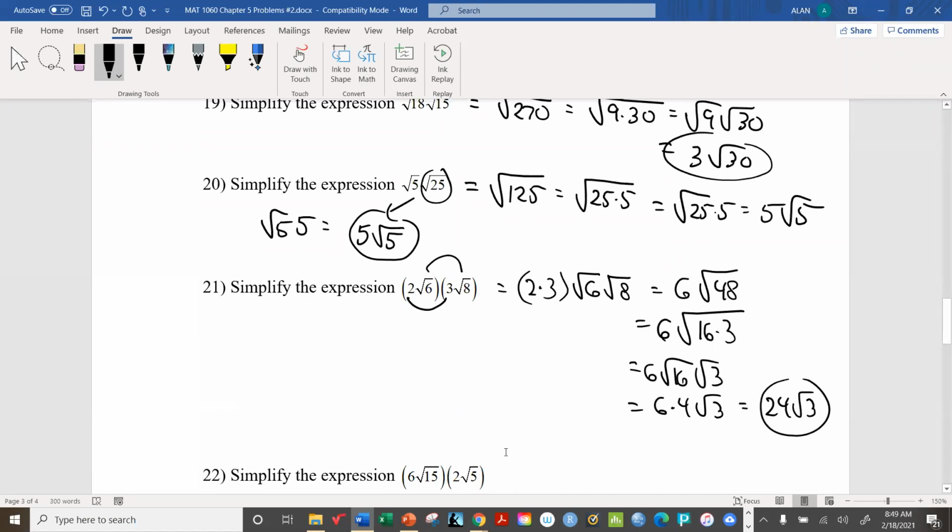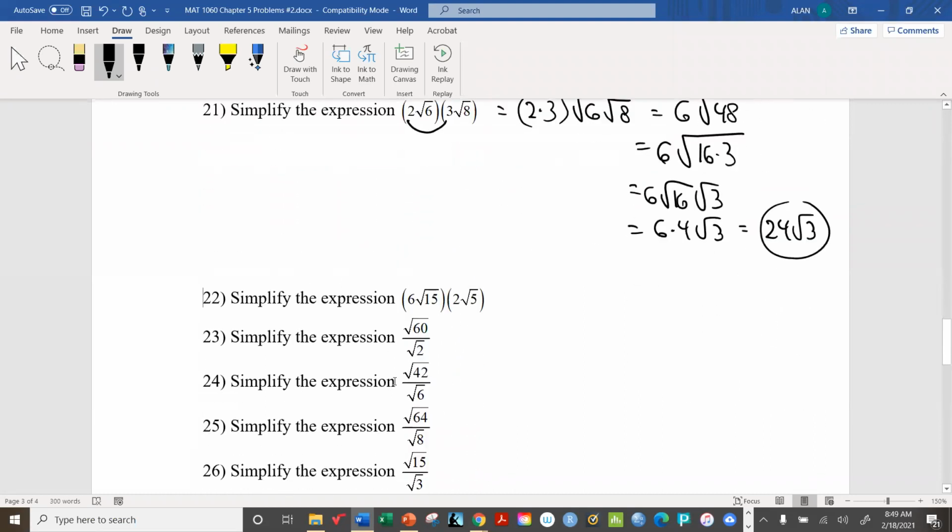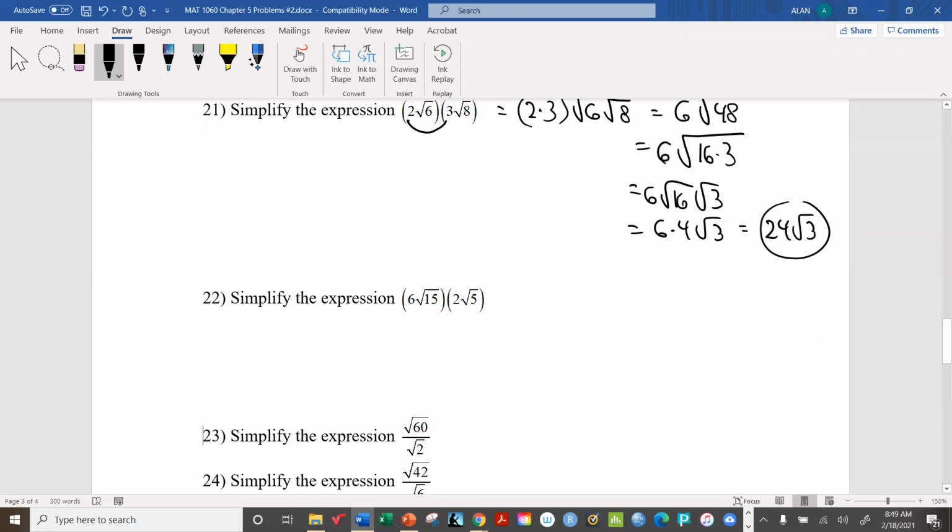All right. So how about this one? So we'll multiply these coefficients together. And then the square roots are 15 and 5. So we have 12 radical 75, which itself can be rewritten as 25 times 3.